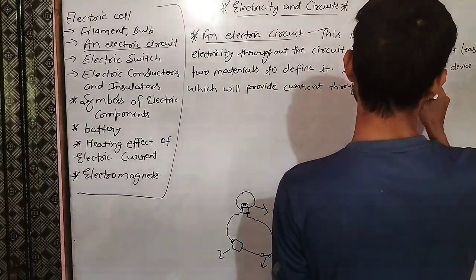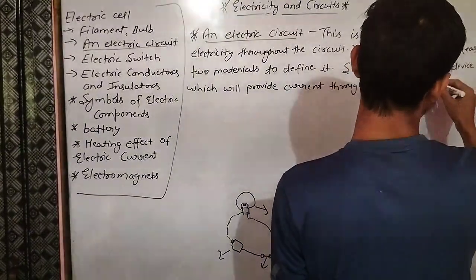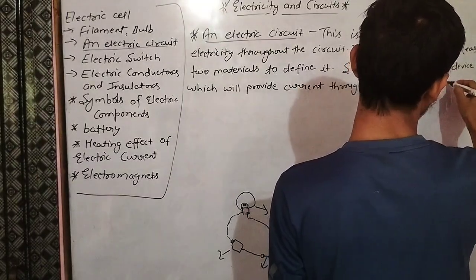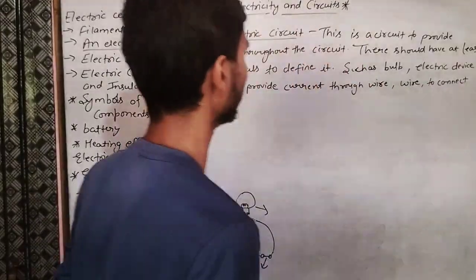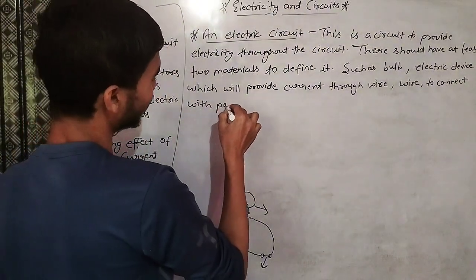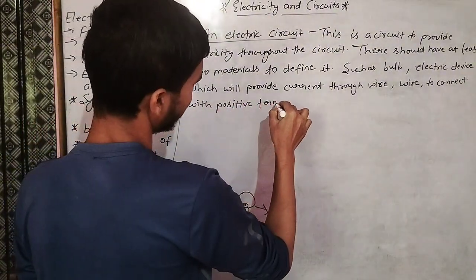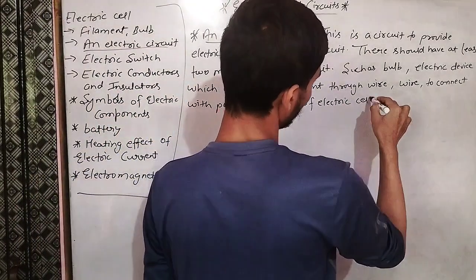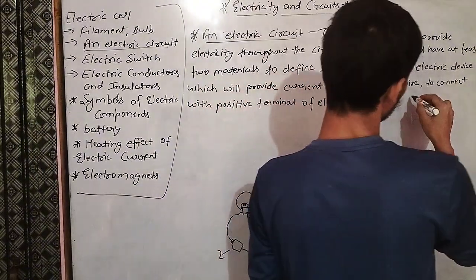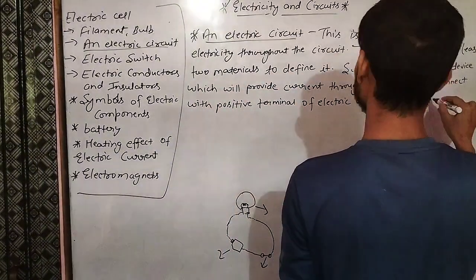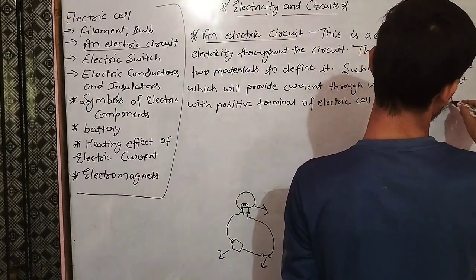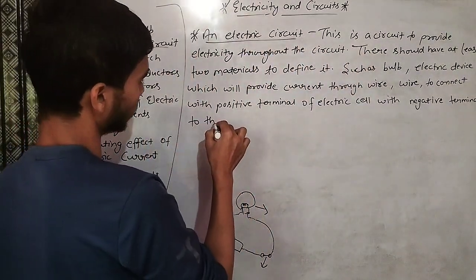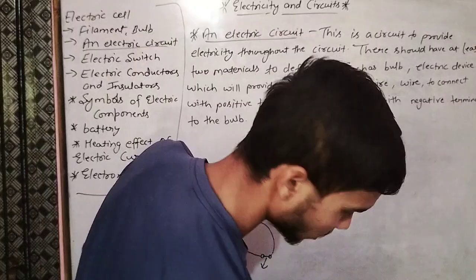And wire to connect with the positive terminal of the electric cell, with the negative terminal, to the bulb. Clear?